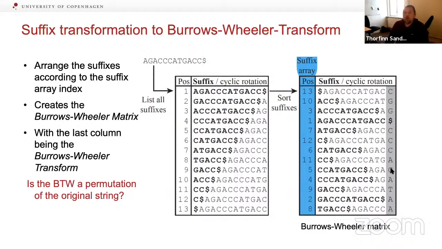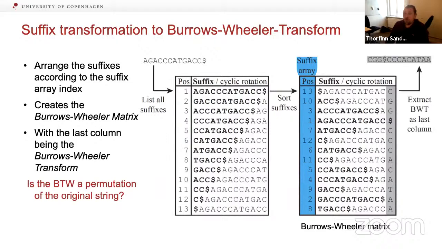So we have the positions here. What we write as pos, that's position 1, that's the first position. After we have sorted this, this is our suffix array. We can see that the first one is actually the terminating symbol. If you look at the fourth row here, that's the full string.